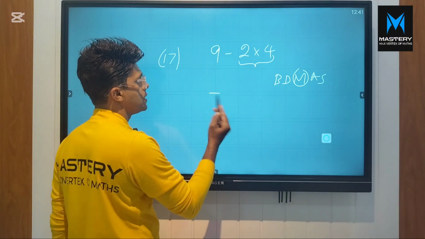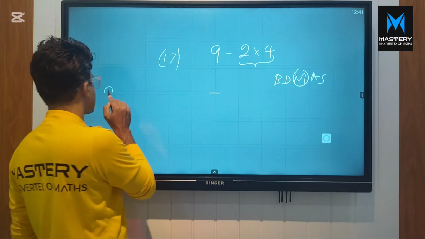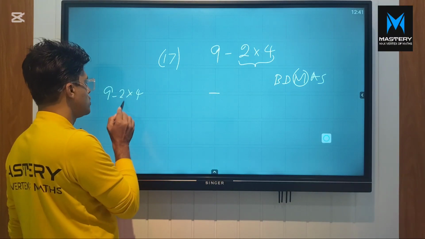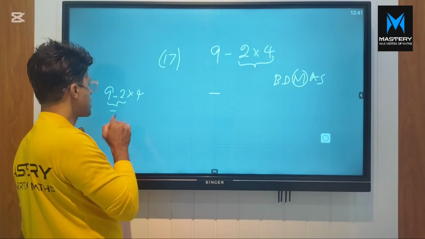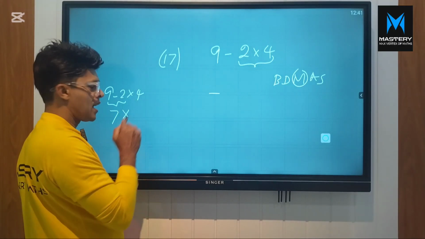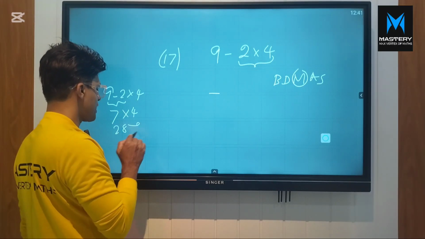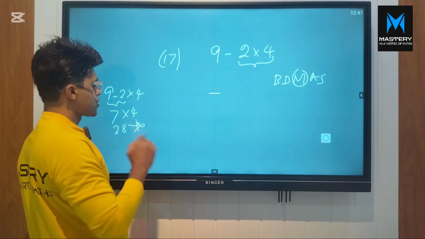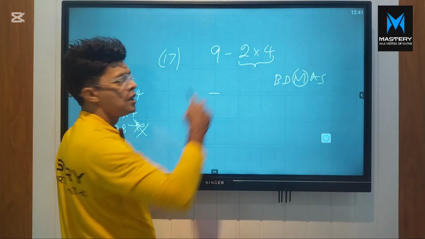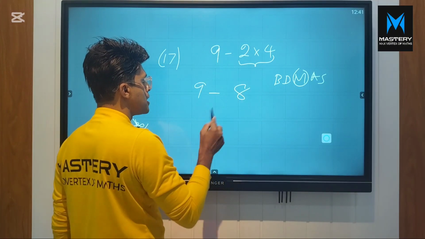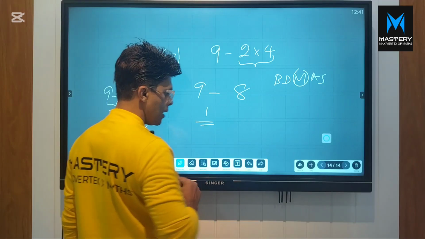So first multiply. You cannot subtract 9 minus 2 first. You could, but that's wrong. If you get 9 minus 2 as 7 and 7 times 4 as 28, this is wrong. So how can you do this? 2 times 4 is 8. Then 9 minus 8 is 1.